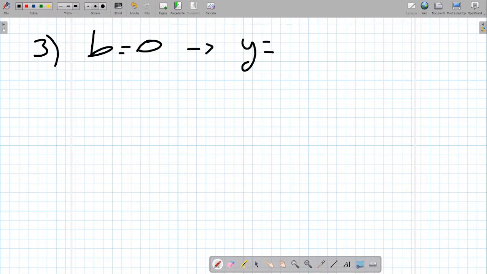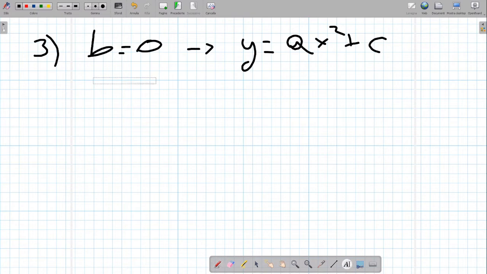So we can see the third case, still a simplification of the general parable, but still a parable. If we have b equal to 0, it will turn into y equal to a x power 2 plus c.